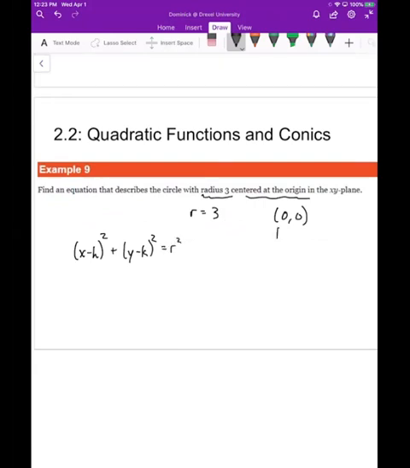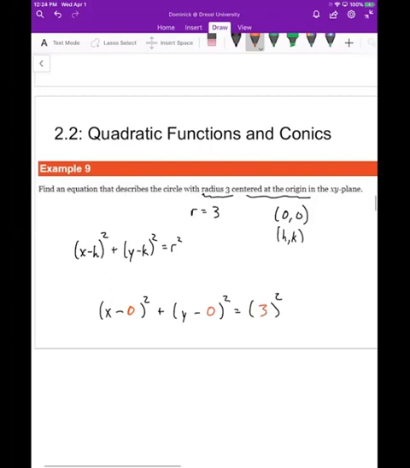And again, remember that your center is h comma k. So if we plug everything in here, I should just be plugging in for h, k, and r. Right, so that's sort of the shell of what we want to work with. Well, my h coordinate is 0, my k coordinate is 0, and my r is 3.